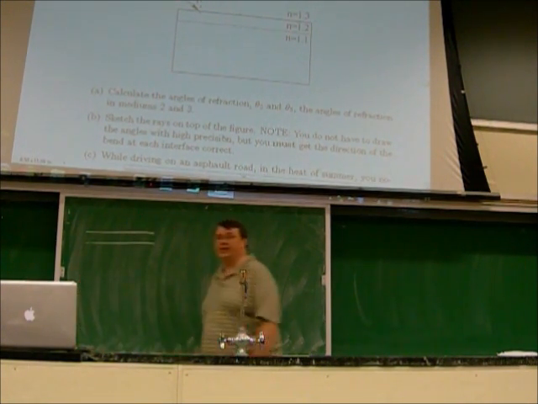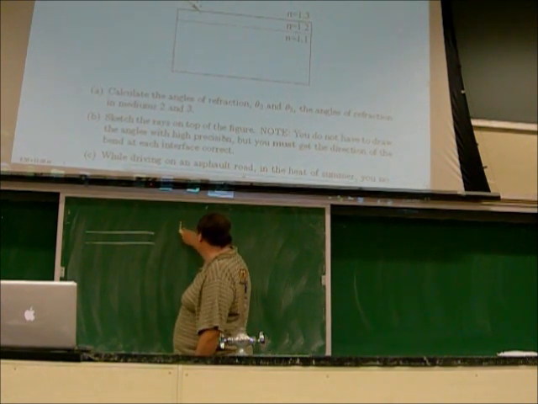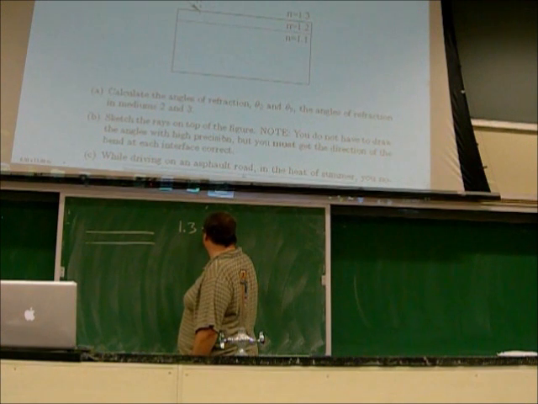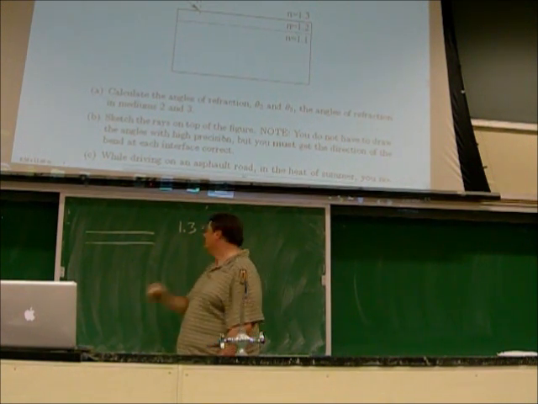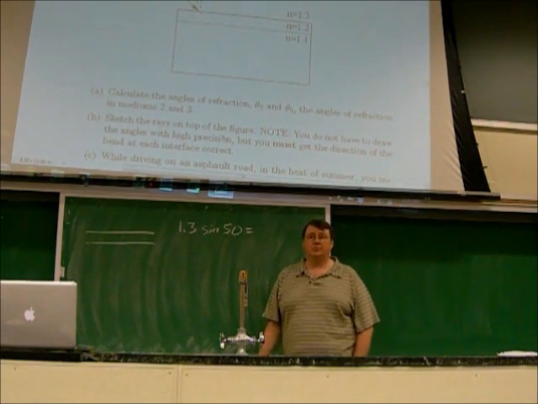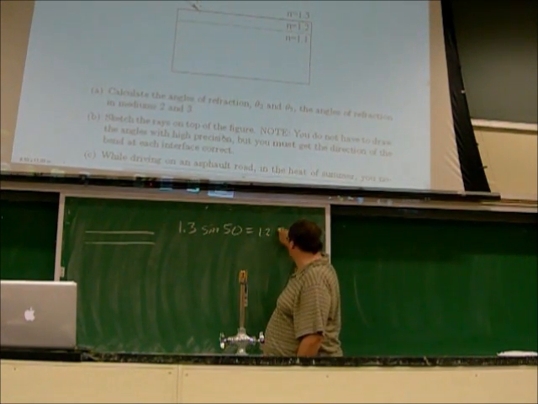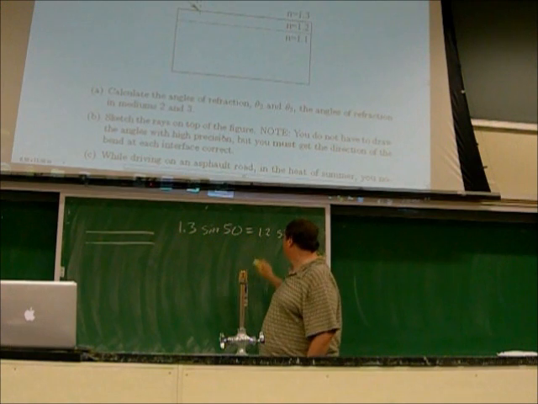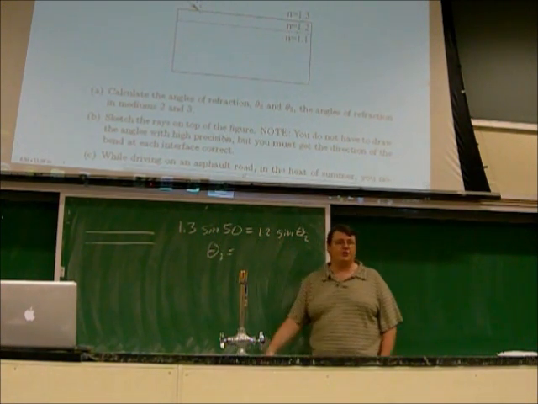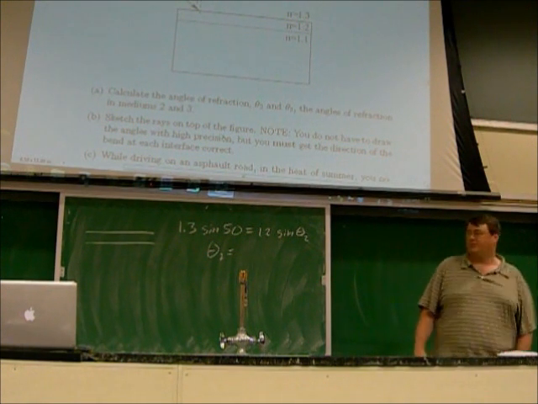Okay, so the first one is 1.3 sine of 50 equals 1.2 sine theta 2. So theta 2 is how much? 56.